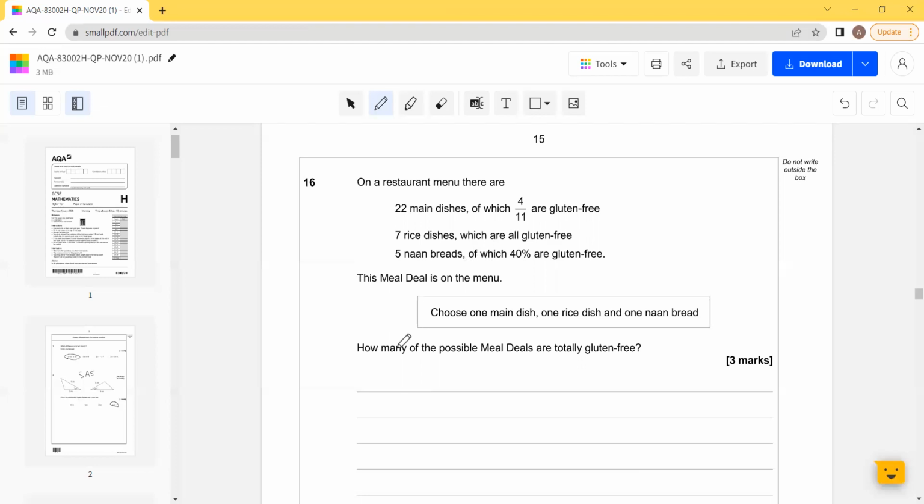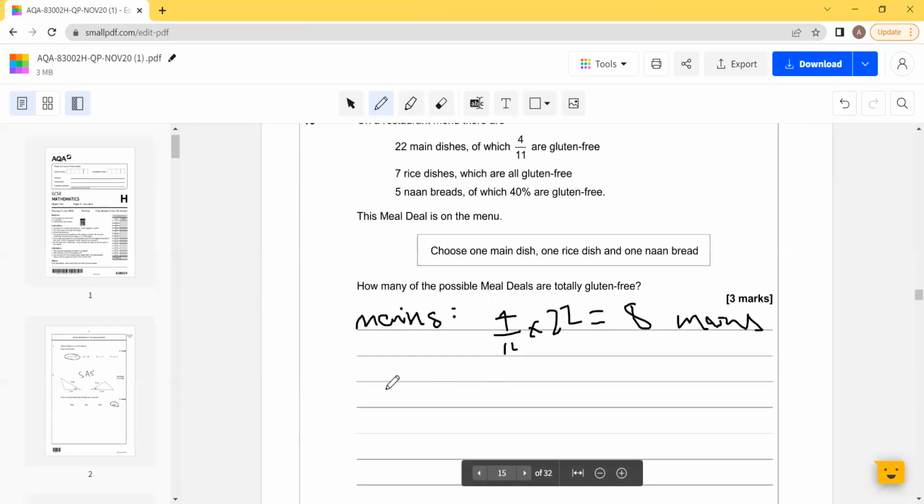Okay, so we know 4/11 of the 22 main dishes are gluten-free. So we can calculate how many of the mains are gluten-free by doing 4/11 of 22, which is 8. 8 mains are gluten-free. 7 of the rice dishes are gluten-free. Okay, and now we just have to do the same thing for naan breads.